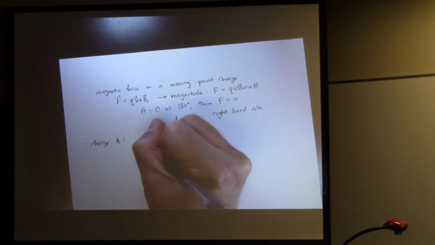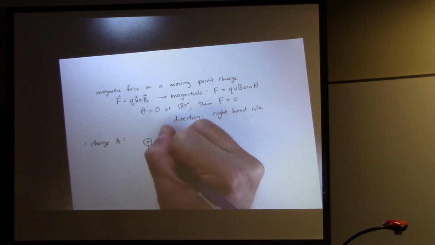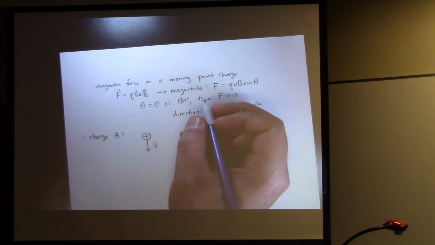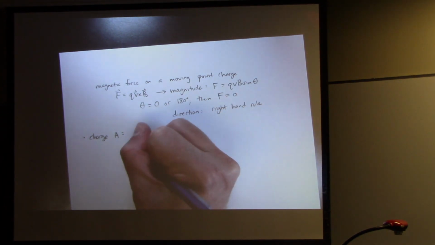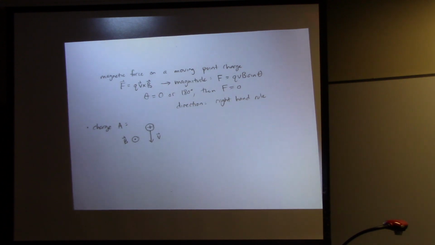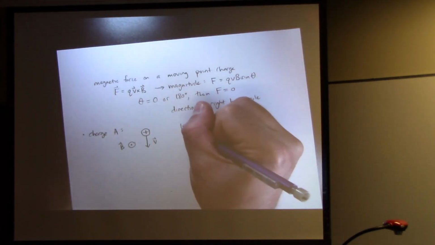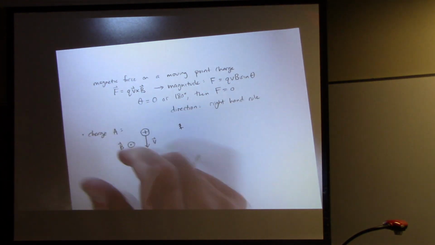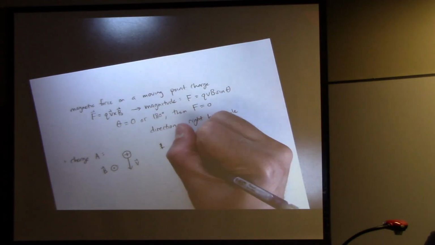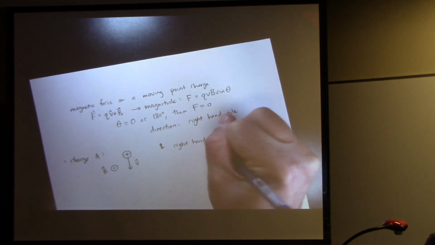It was a positive charge. It was moving down, so its velocity is like this. And it's in a B field, which is coming out of the page. Again, that's how you draw a vector coming out of the page. All we have to do is the right-hand rule to determine the direction. So let's apply the right-hand rule to this case.